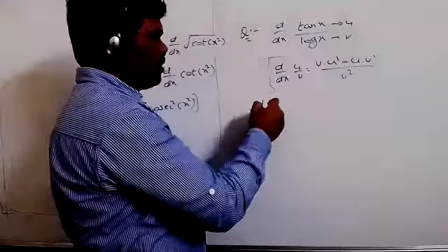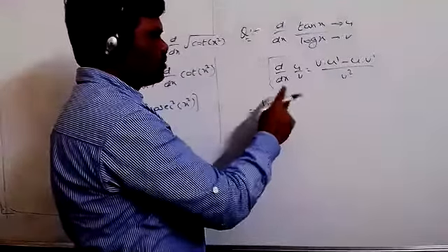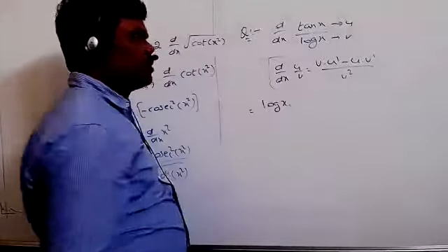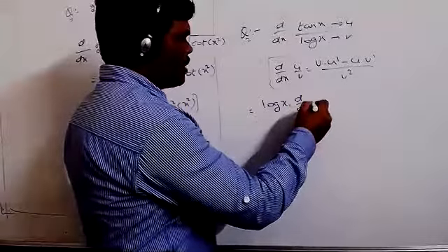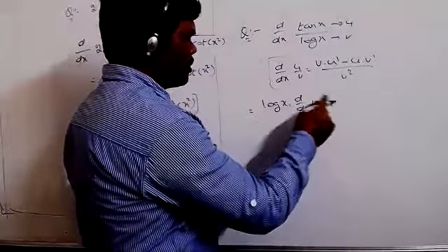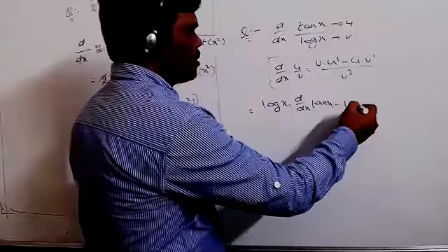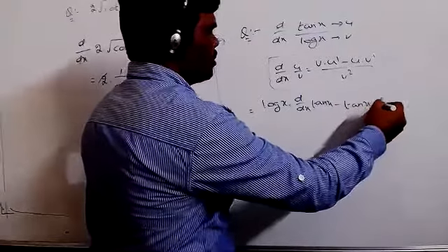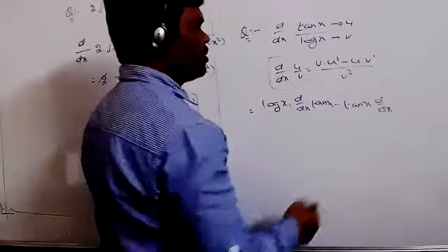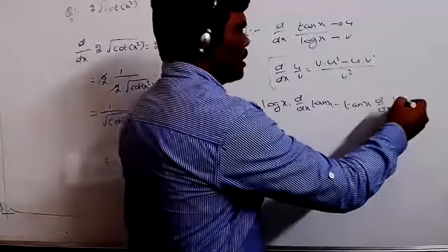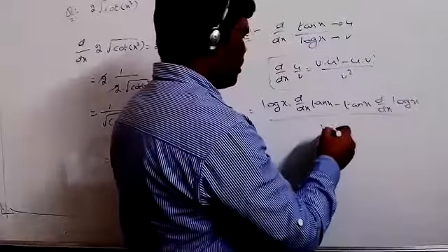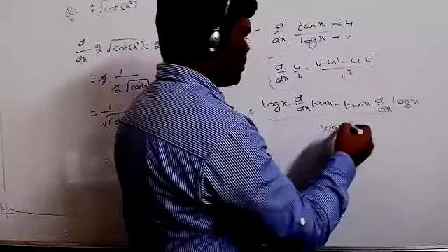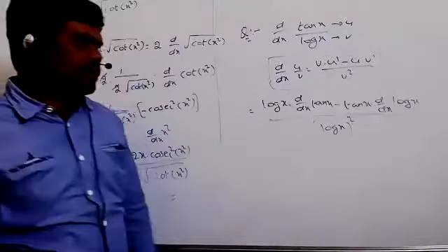v into u dash means you get log x into d by dx of tan x minus tan x into d by dx of log x, whole by log x whole square, v square.